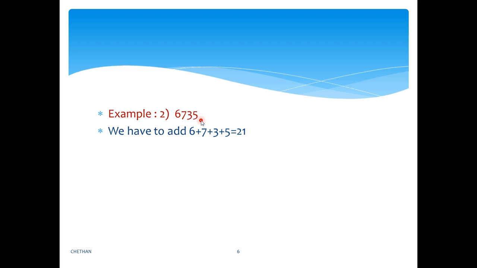There is no condition that 9 and 3 both must divide the same numbers. That means if a number is divisible by 9, then it is also divisible by 3, but a number that is not divisible by 9 may still be divisible by 3. So 21 is not divisible by 9, which means 6735 is not divisible by 9, but 21 is divisible by 3, which means 6735 is also divisible by 3.